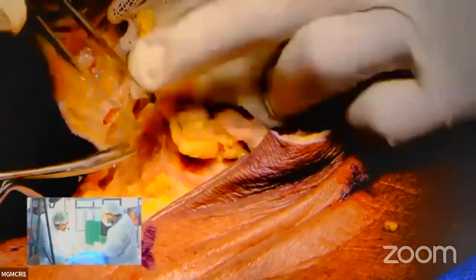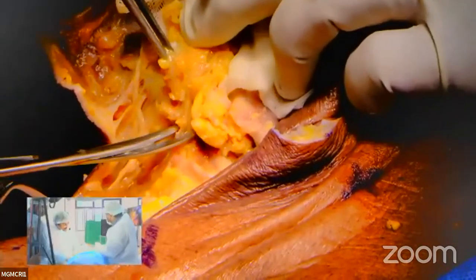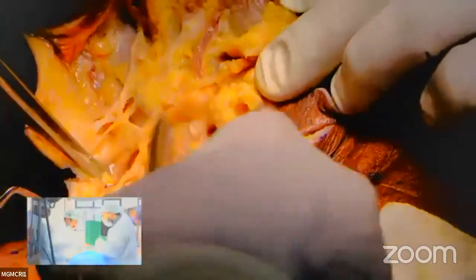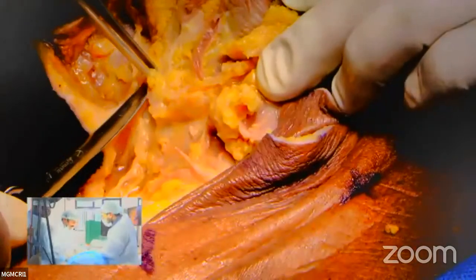This is the pretracheal fascia and the plane. If your assistant gives good traction, you'll start seeing it, dissecting it out. You can even flip it with your finger. So disconnect the spinal accessory nerve from the specimen.